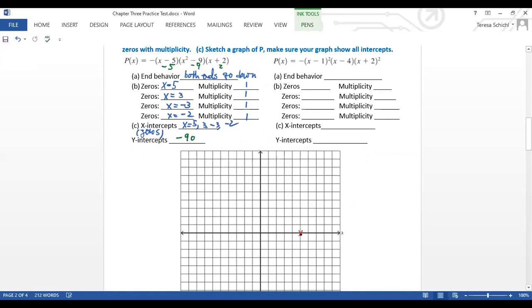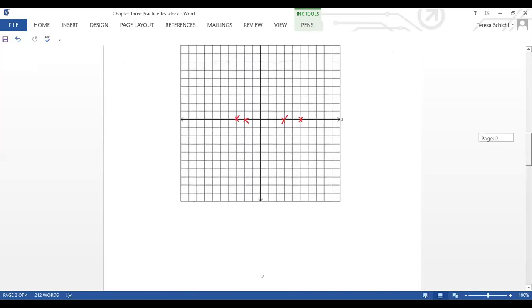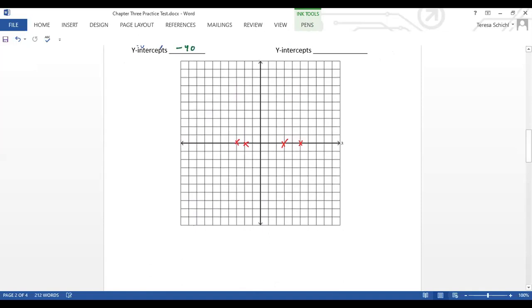So I have the zero at 5, the zero at 3, the zero at negative 3, and the zero at negative 2. Because the multiplicity is equal to 1 for all of them, I don't have any tangent at the x-axis. If the multiplicity is an even number, then it can be tangent. Then the y-intercept at negative 90 is something way down here, right?